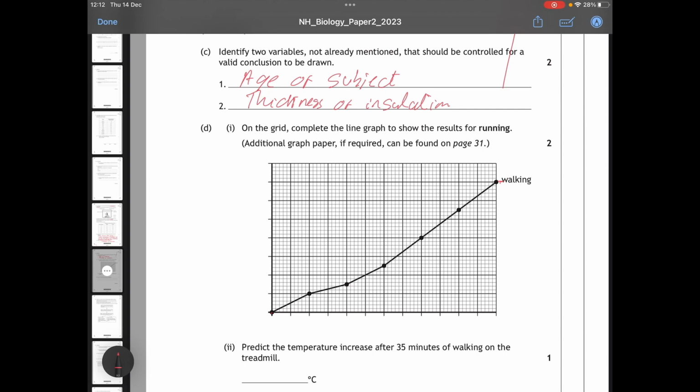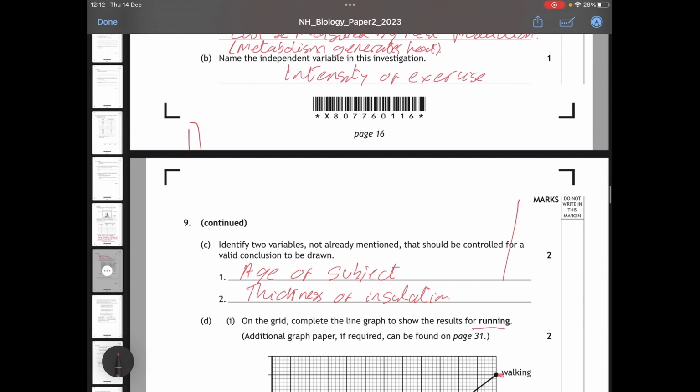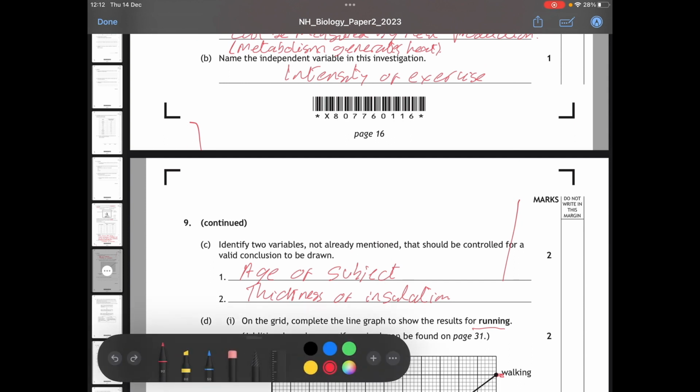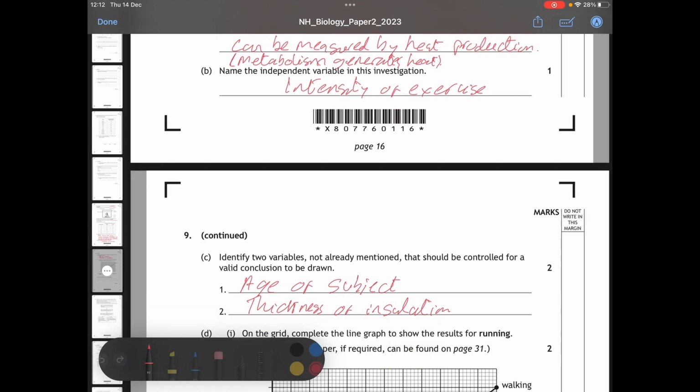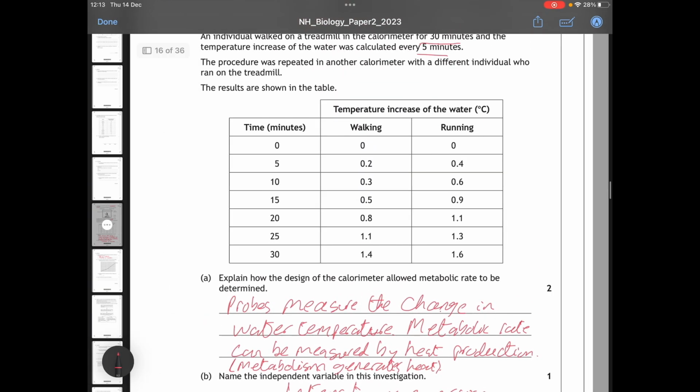So you're going to plot the results for running on the graph. But the highest point for walking, that's why I'm highlighting this point at this side here, the highest value for walking at the end of the experiment. Sorry guys, I'm making lots of wee marks there. So the highest point for walking is 1.4.